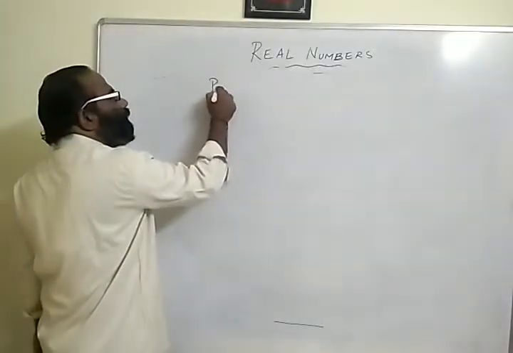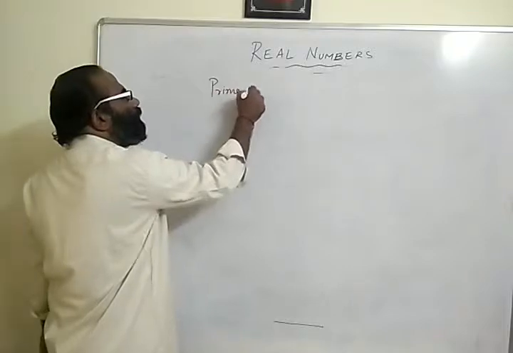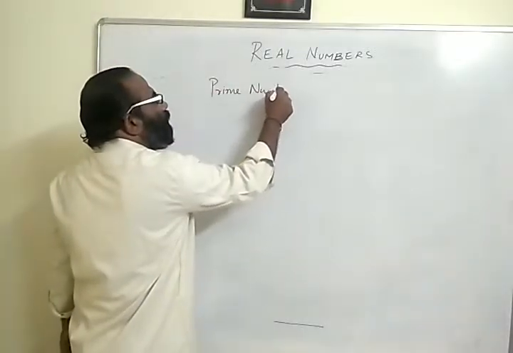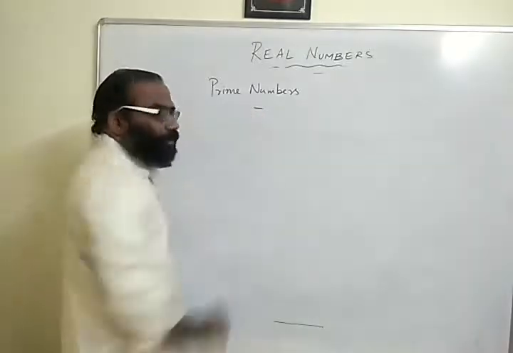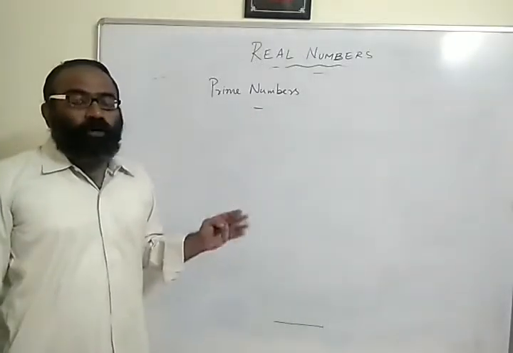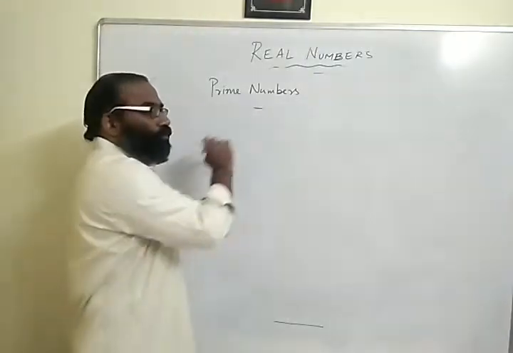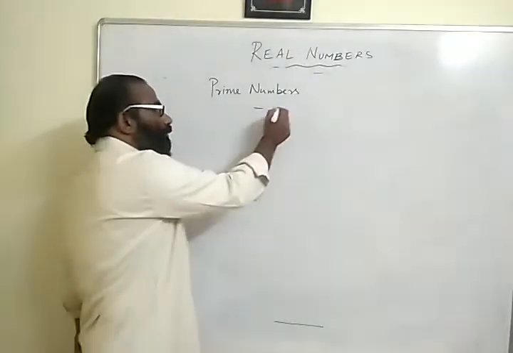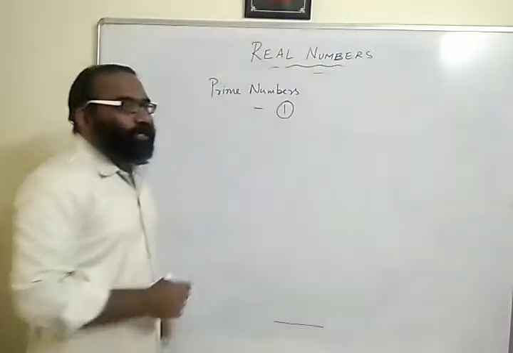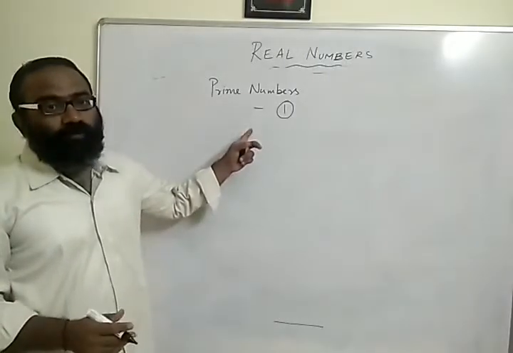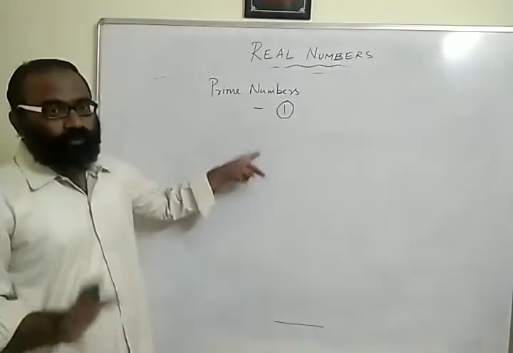Next, prime numbers. What are prime numbers? Prime numbers are numbers which are divisible only by itself and 1. You would think that, let's take 1, it is a prime number because it is divisible only by 1 and by itself, which is 1.